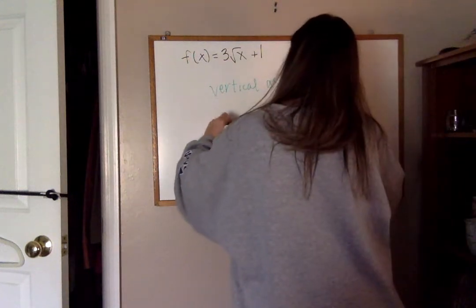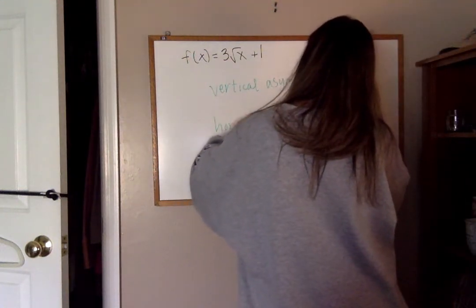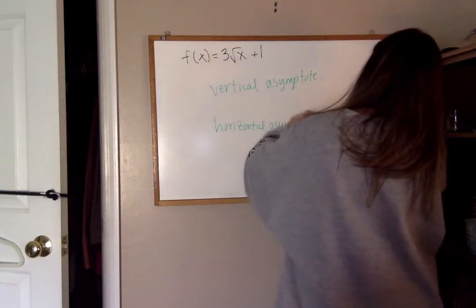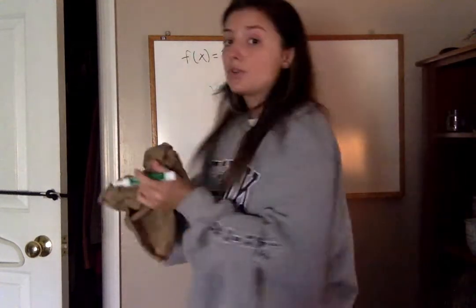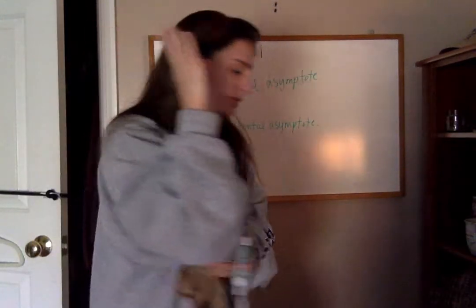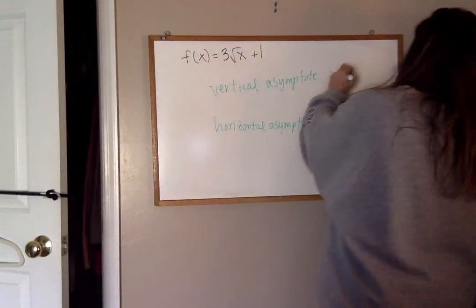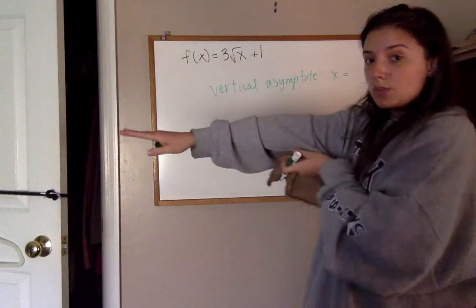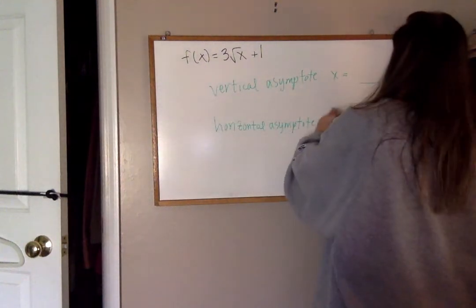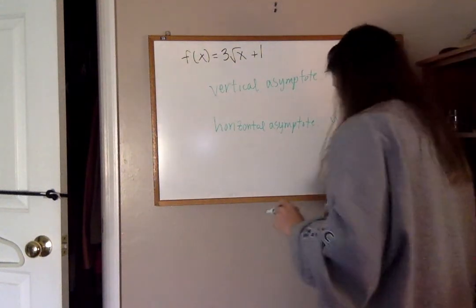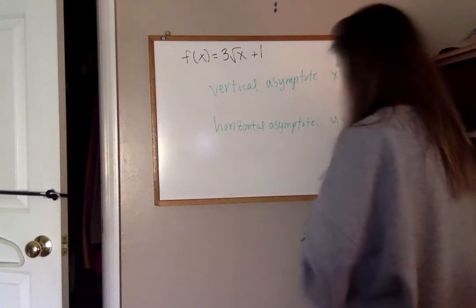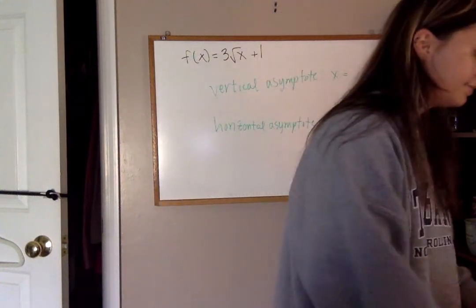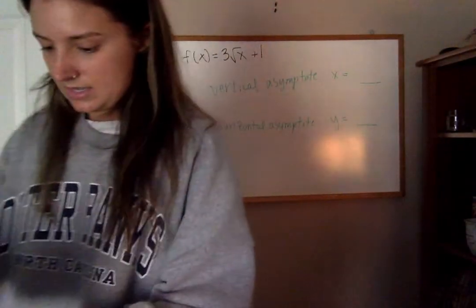And then horizontal. So vertical asymptote will be of the form x equals something. And then the horizontal, this way, asymptote, will be of the form y equals something. Okay? As long as we're on the same page with the way you write things.